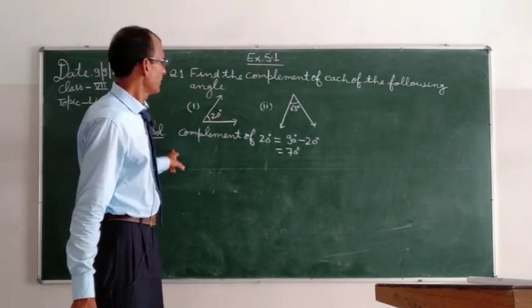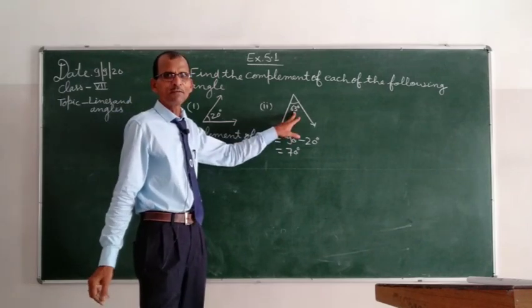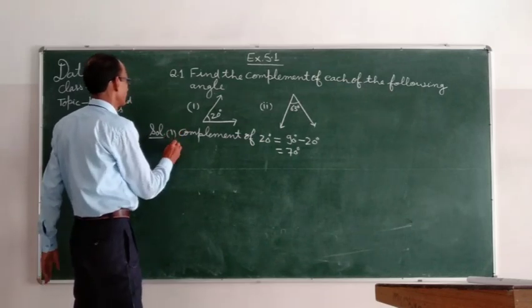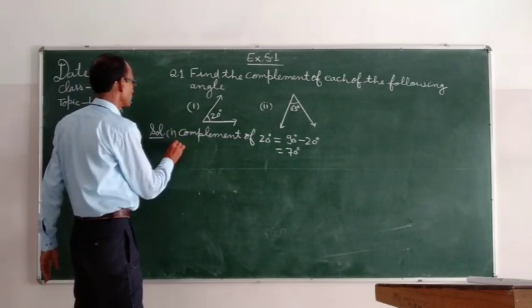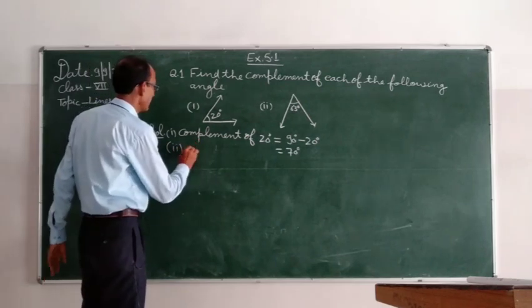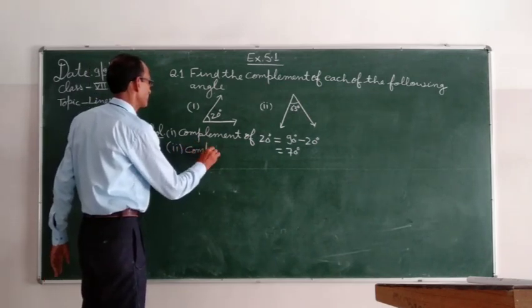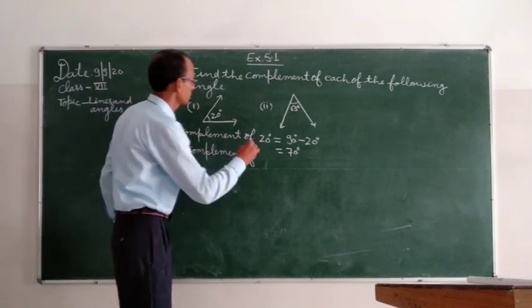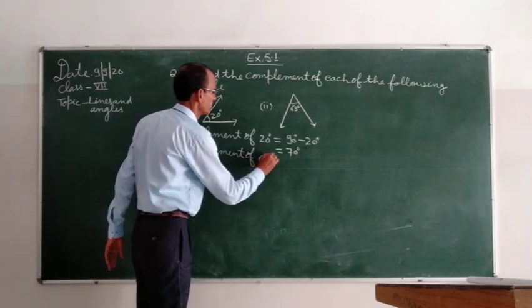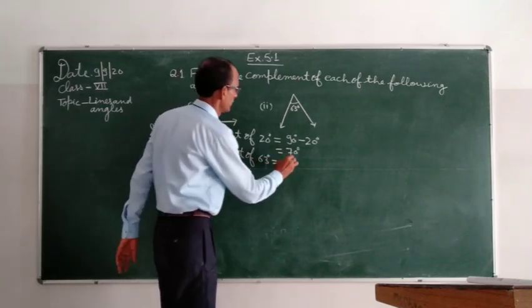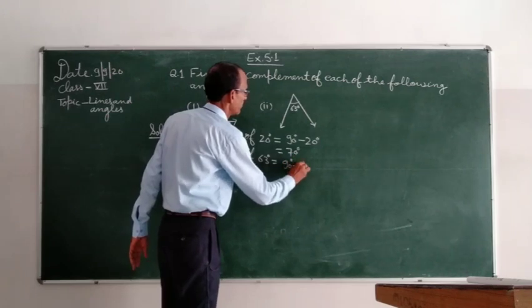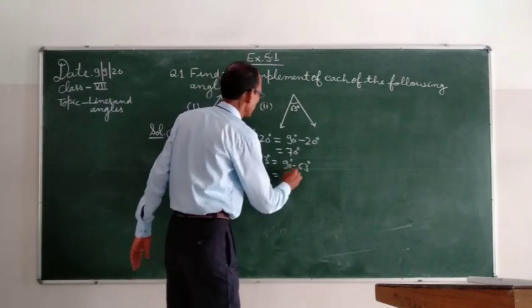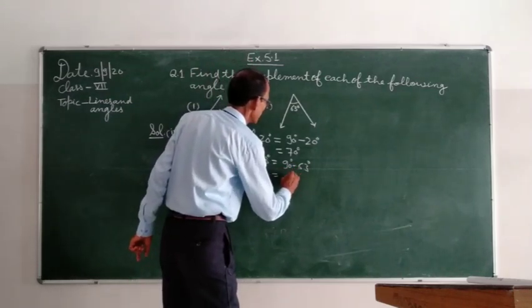Same way, we can find the complement of 63 degree. Solution of second: complement of 63 degree is equal to 90 minus 63 degree, which is equal to 27 degree.